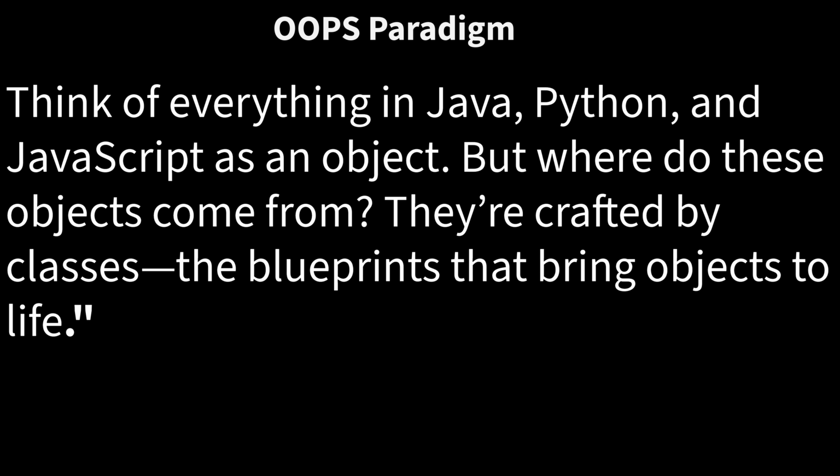Now, if you look at the OOP paradigm, in every object-oriented language, everything that you create inside that language is an object. Literally, if you're typing a number, that is an object of a certain class. Get used to this terminology: if you're creating a variable and storing some data in it, that variable is actually pointing to an object.